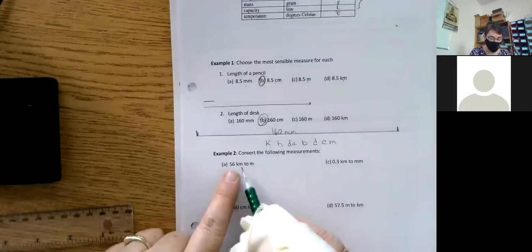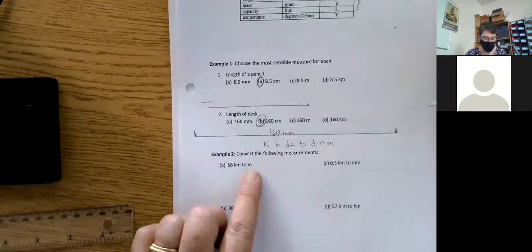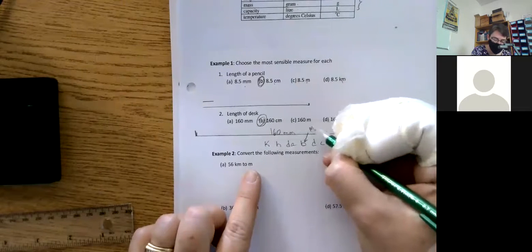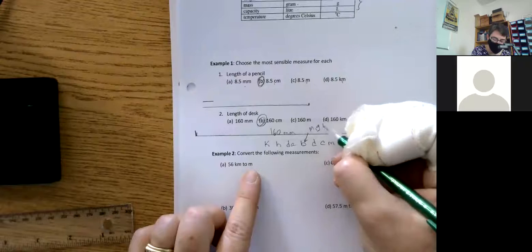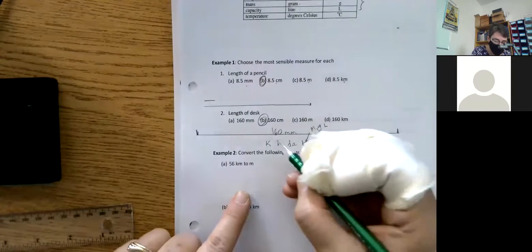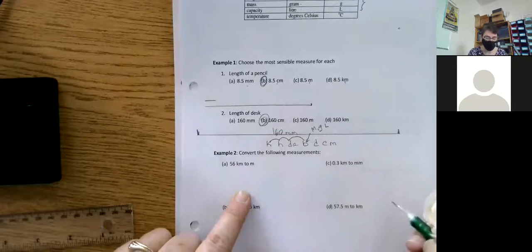So what we want to do is go from kilometers to meters. So we start at kilometer or kilo. Now, which M is this one, Corey? Yeah, it's meters. So where is that on my chart? Perfect. Exactly. Remember this base can be meters or grams or liters. A single letter is going to be your base. So we need to go 1, 2, 3 steps.